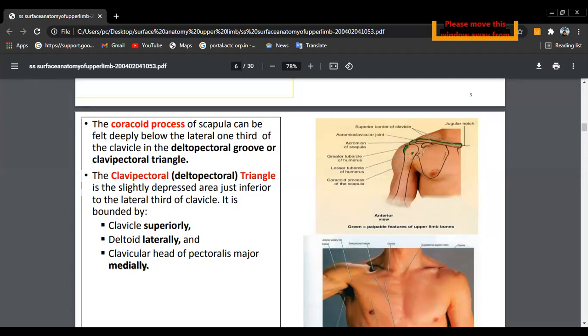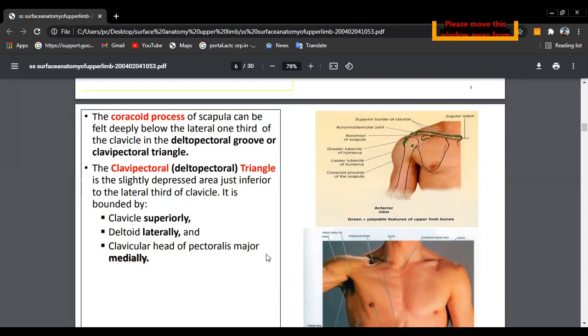And what is the name of this muscle we have? Pectoralis major. So medially it is bound by the clavicular head of pectoralis major. Laterally it is bound by deltoid. And superiorly it is bound by the clavicle. So this triangular, depressed area is nothing but the clavipectoral triangle or deltopectoral triangle.